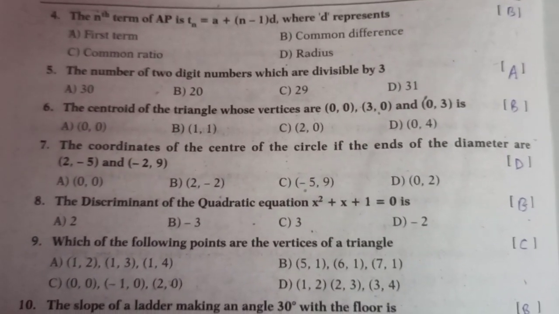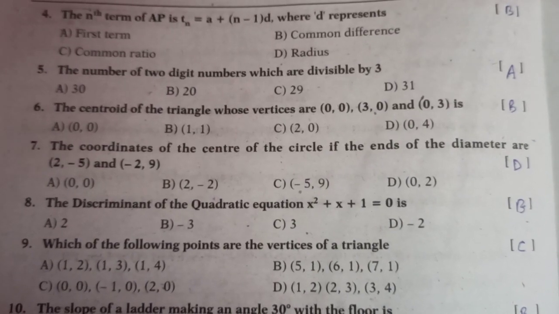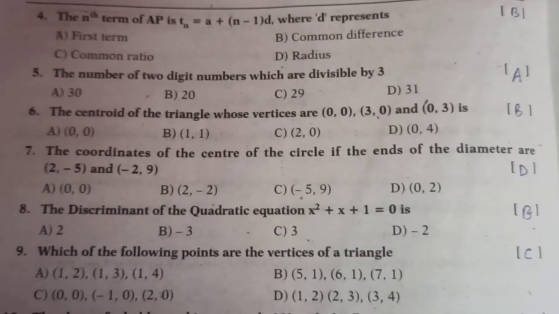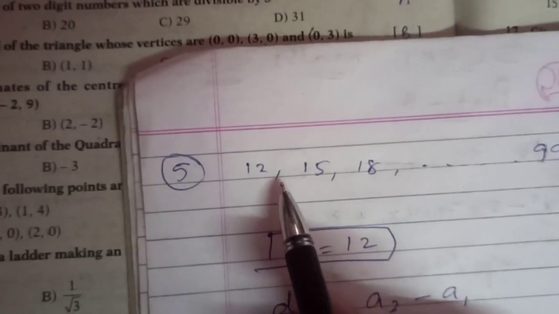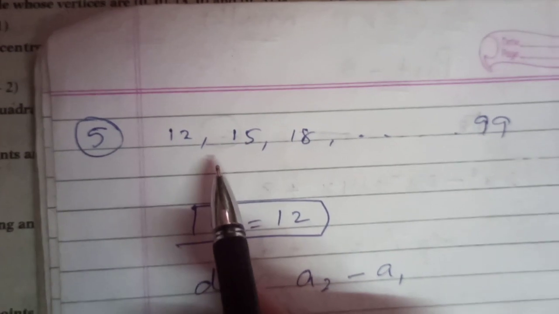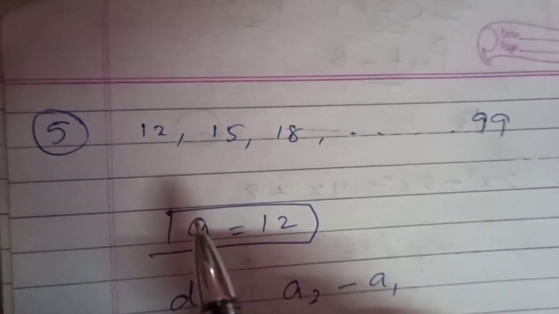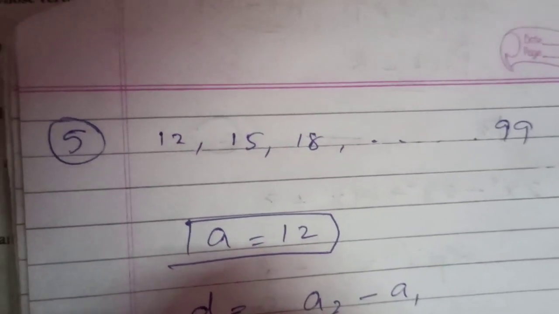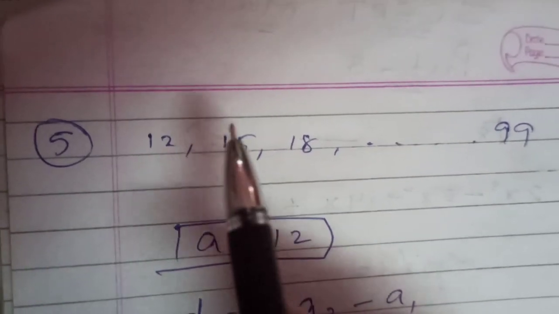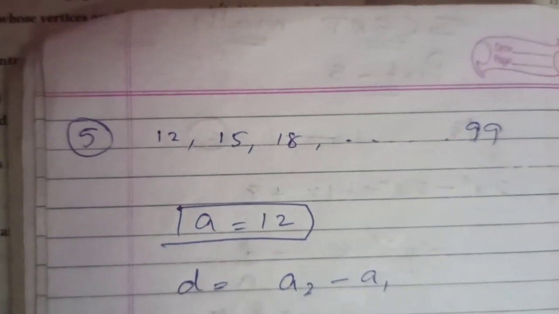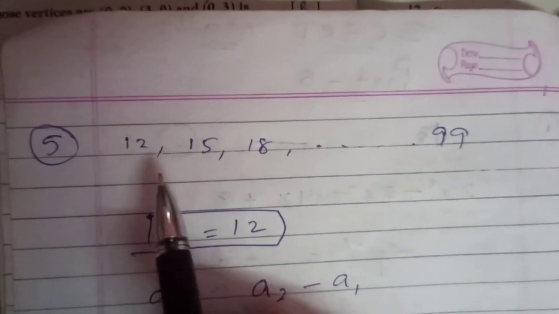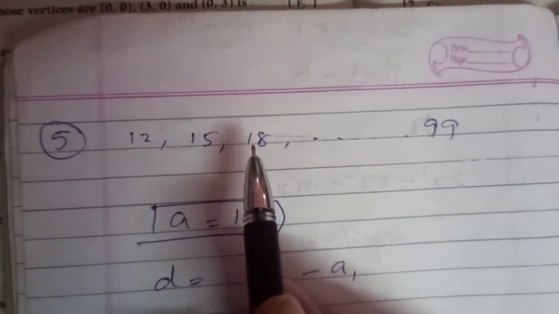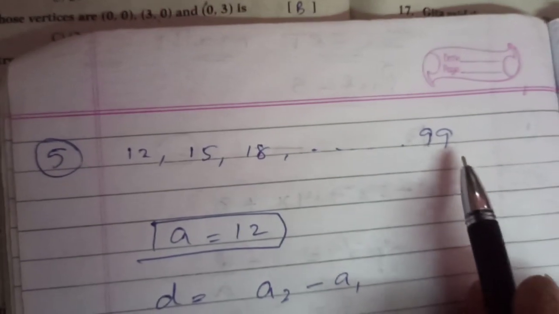So we have to check from 10 to 99 for divisibility by 3. 10 is not divisible by 3. 11 is also not divisible by 3. 12 is divisible by 3, because 3 fours are 12. Next 15, next 18, and the last is 99.